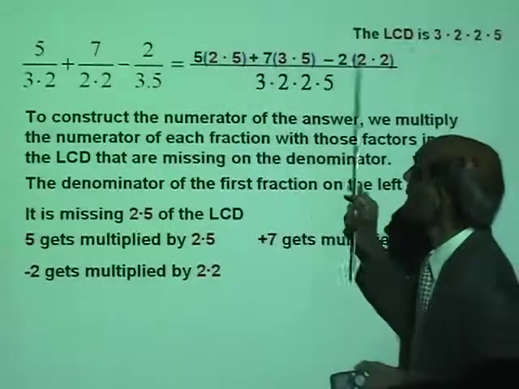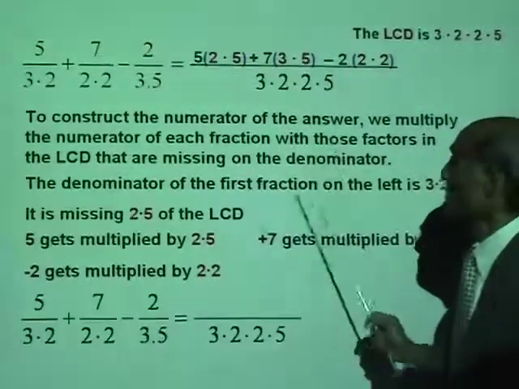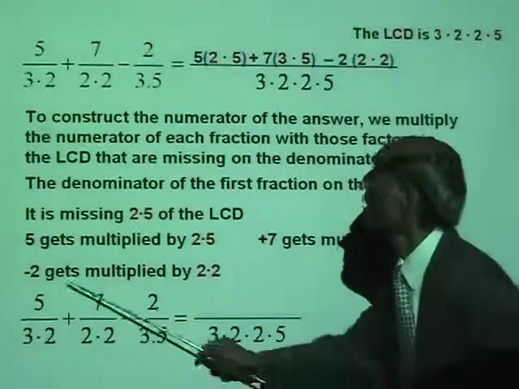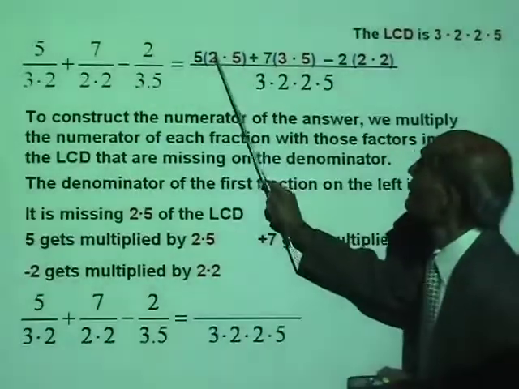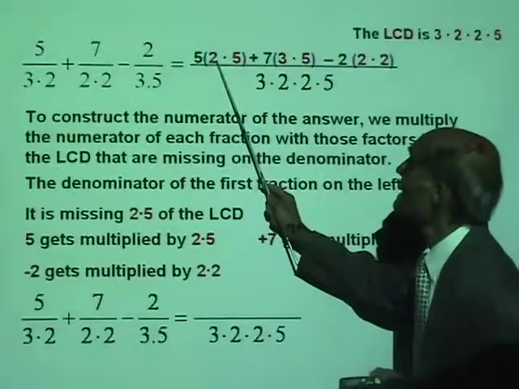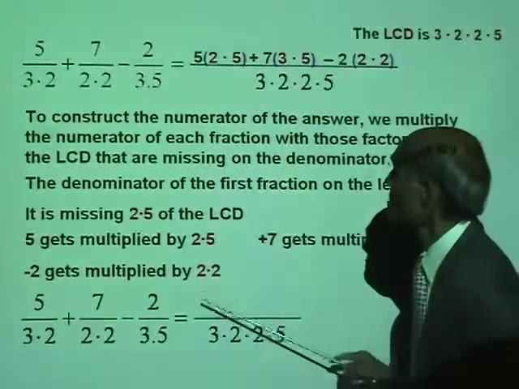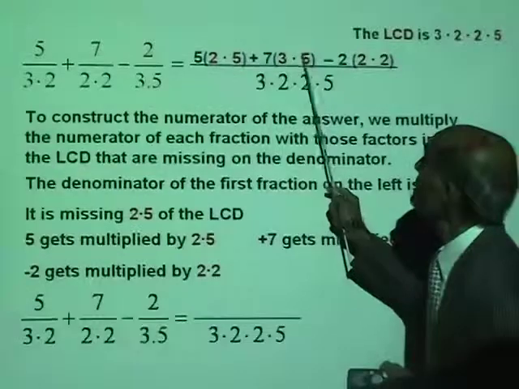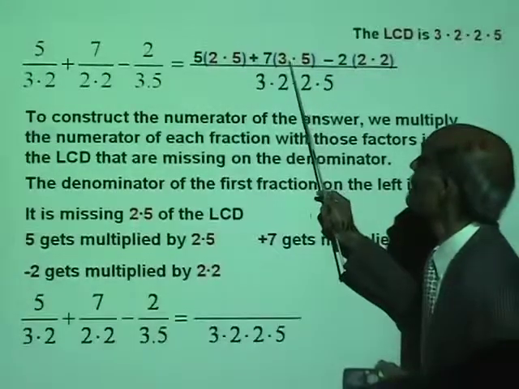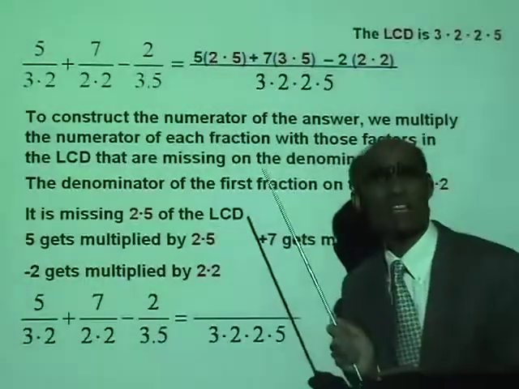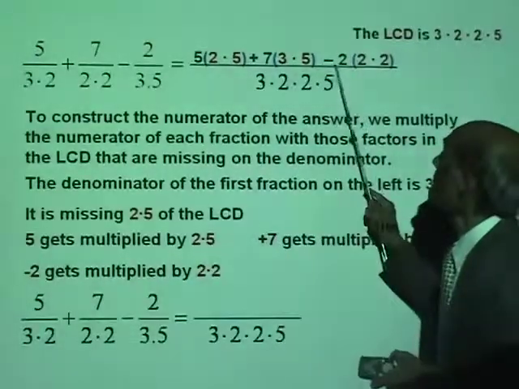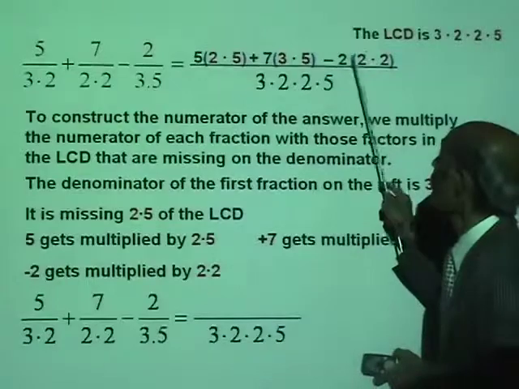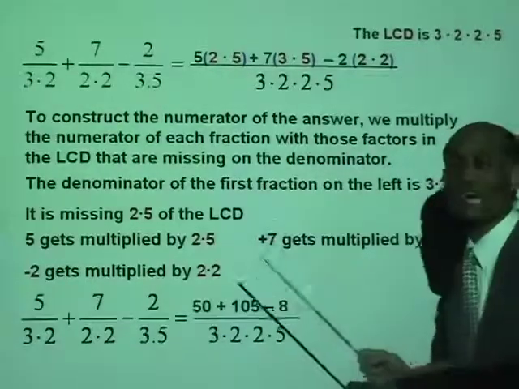Alright, now let's simplify the numerator. I have now repeated that over here. What is now my numerator? 2 times 5 is 10. 10 times 5 is 50. 3 times 5 is 15. 15 times 7 is, isn't it, 105? Alright, minus 2 times 2 is 4, 4 times 2 is 8.